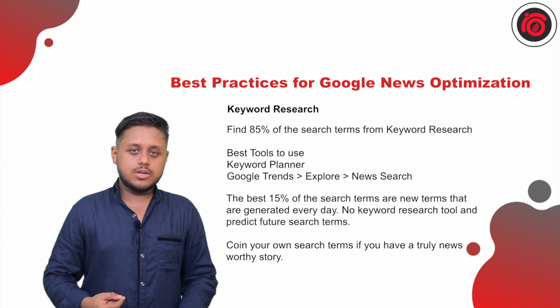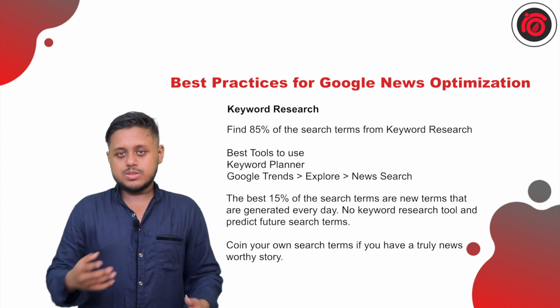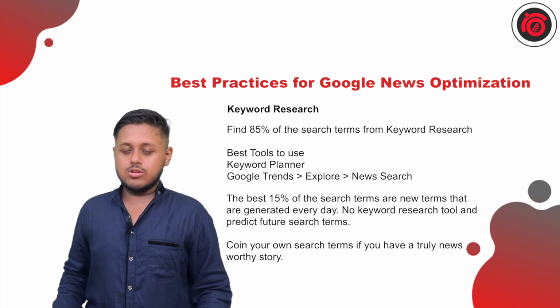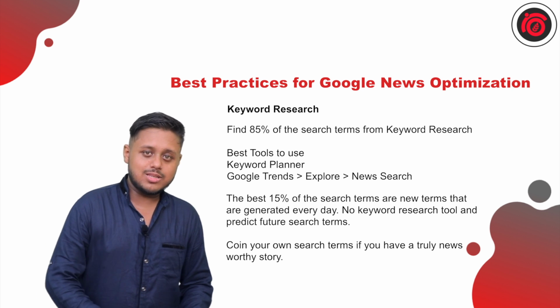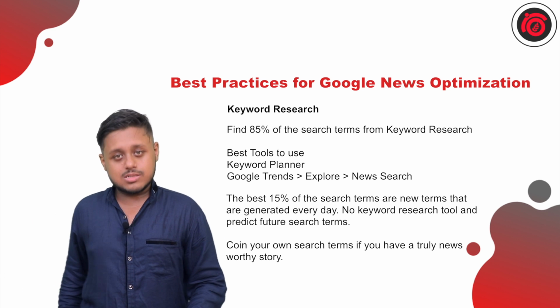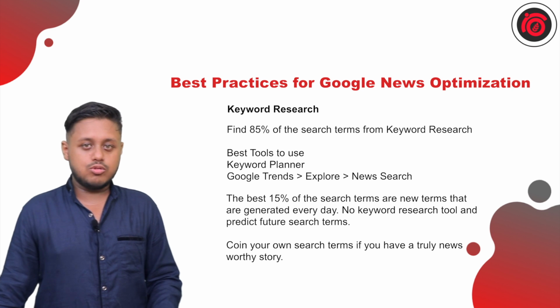If you are an expert in your industry, you perhaps know about the future of your industry, right? So you must know the upcoming topics, what can be the news of tomorrow. Google cannot predict that. Only you as an expert in your niche can predict that, and you can write articles on those things, and those might become the news that appears in Google News.